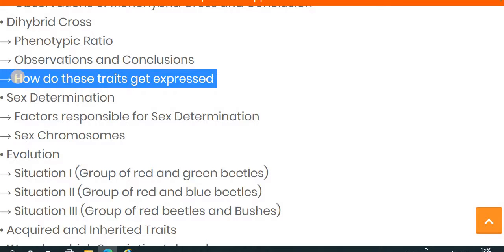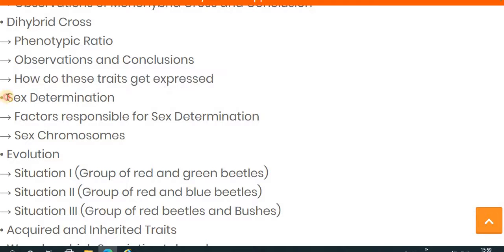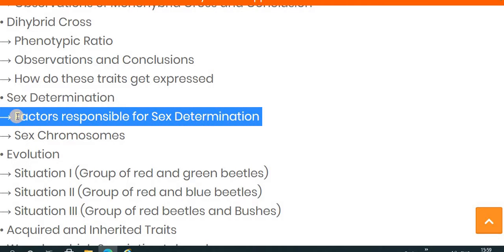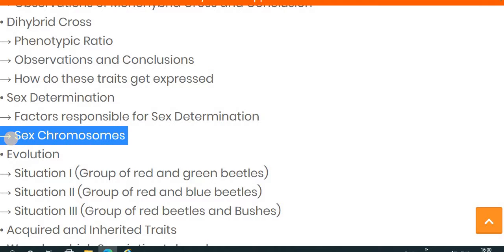Then the next main topic is sex determination. We will study sex determination in various animals as well as in human beings, then the factors responsible for sex determination and the role of sex chromosomes.